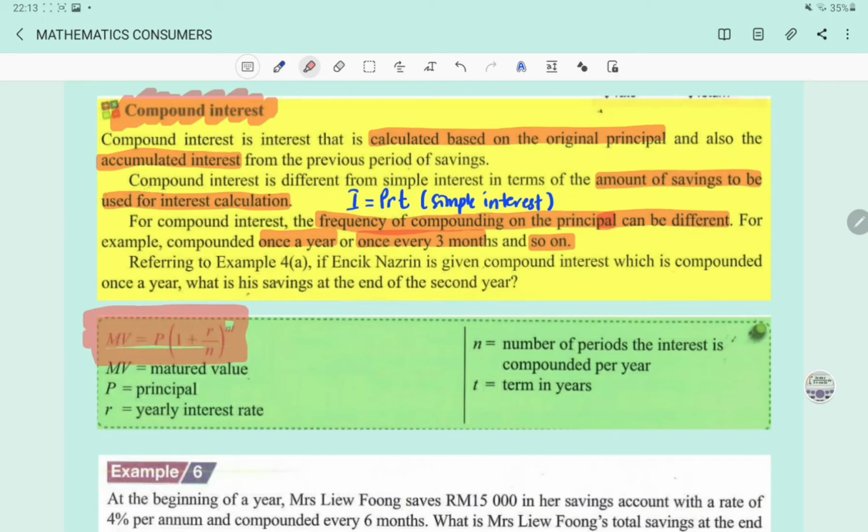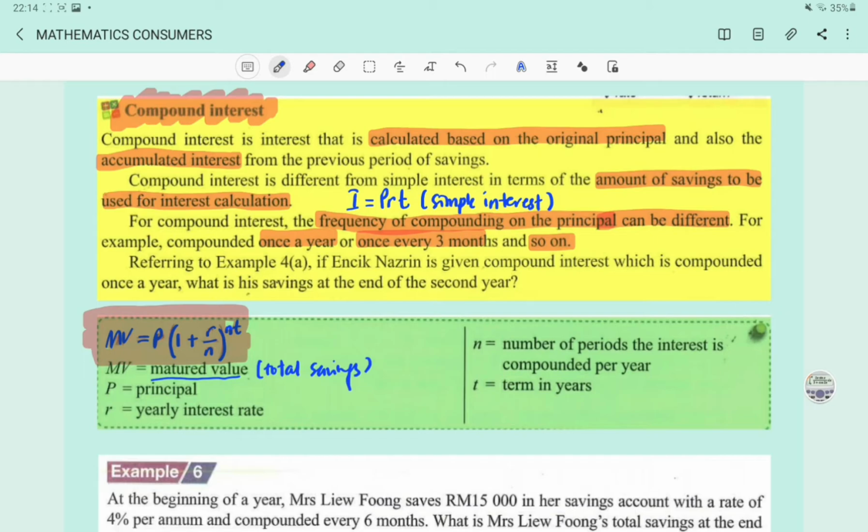The formula for compound interest is MV equals P (1 plus R over N) to the power of NT. MV refers to the matured value, which means the total savings, that is, the saving plus the accumulated interest.